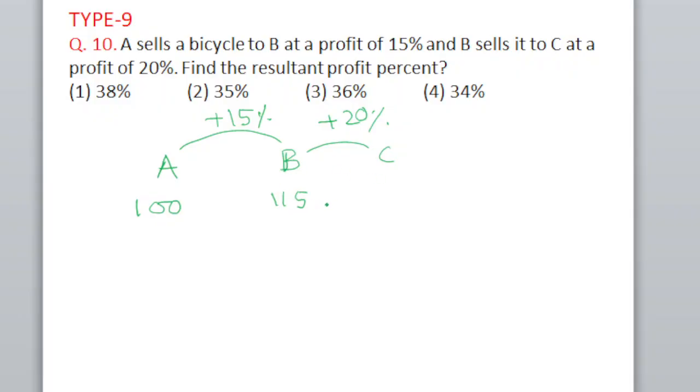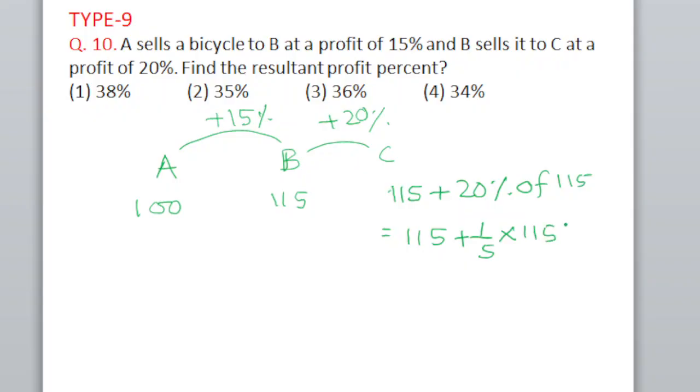That means here 115 plus 20% of 115. So that is equal to 115 plus 20% means 1 by 5 into 115.